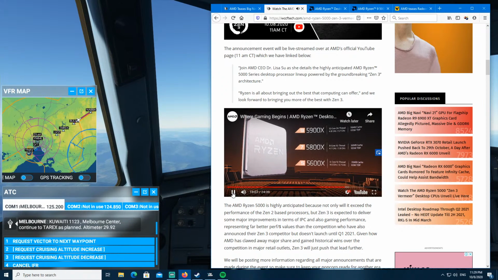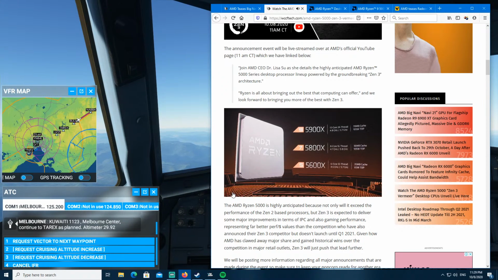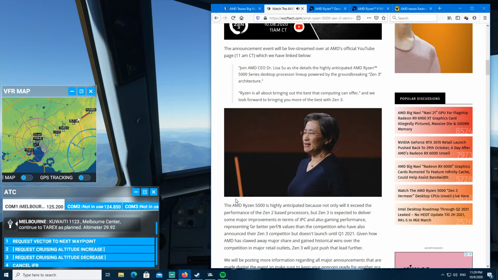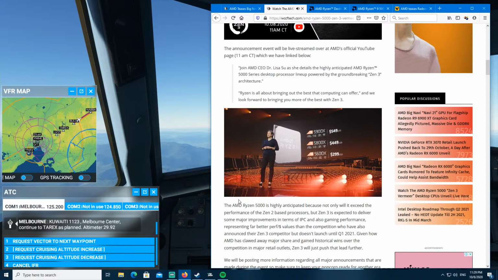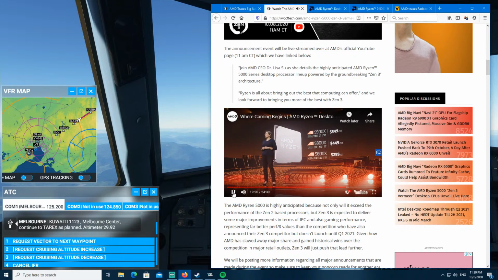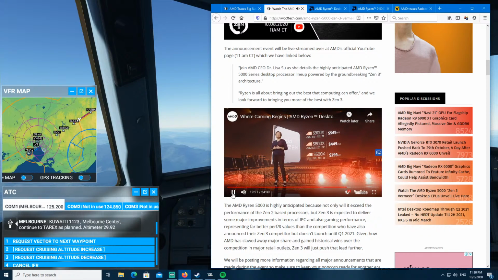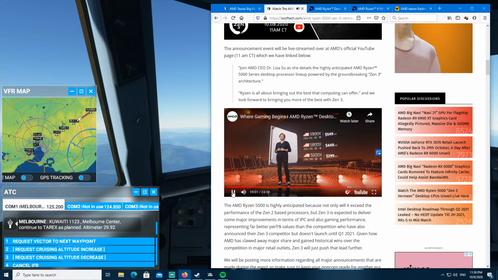With boost frequencies up to 4.6 gigahertz at 65 watts. Now let's talk about price and availability. The 6-core 5600X is $299. The 8-core 5800X is $449. And the amazing 5900X, combining the leadership performance and power efficiency of Zen 3 in a 12-core 7nm design, is priced at $549.